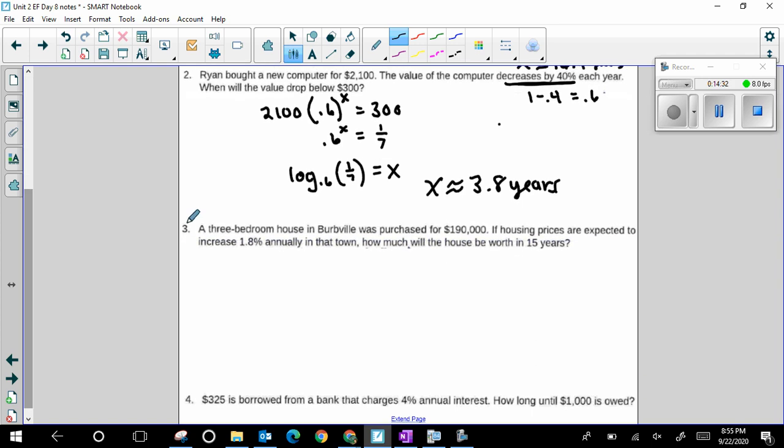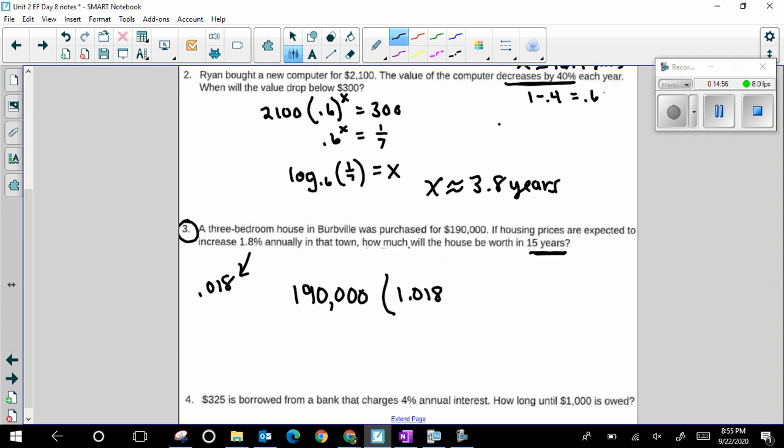All right, so this is the one you can go back. This is the one where we just plugged in 15 years. We didn't need to graph it. All we had to do was solve it. So you're not going to need a logarithm to do this one. So 0.018 for your interest, add that to 1 to the 15th power.